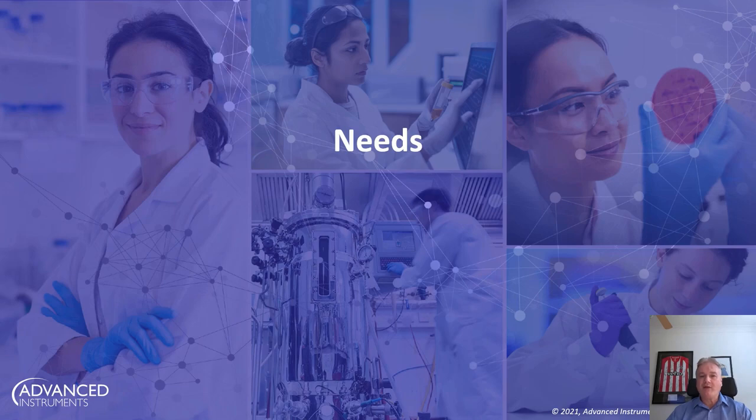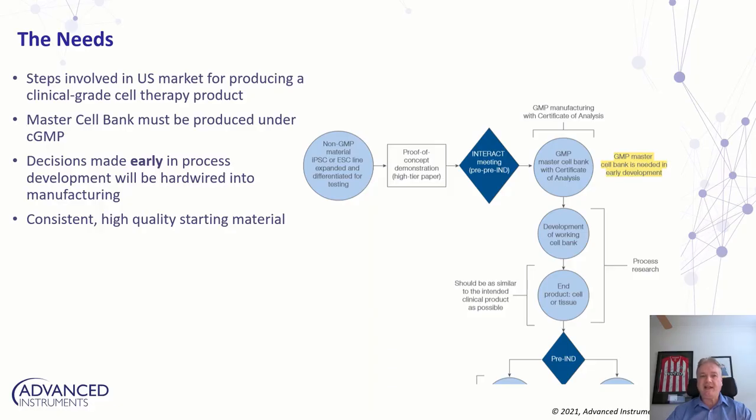So first of all, the needs in this area. I took this diagram here from a recent paper. And really the main message here is that the master cell bank, or MCB, should be produced under GMP conditions.